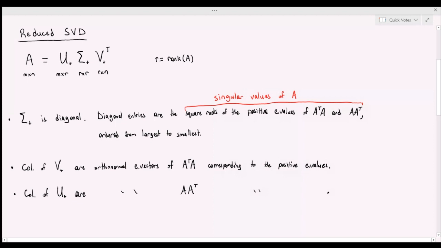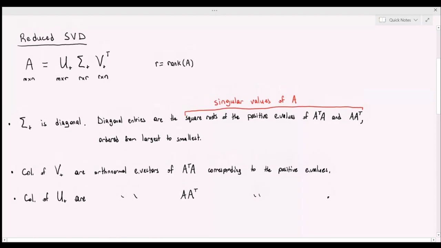And then this V transpose matrix will be size r by n, meaning that V itself would have been size n by r, okay? Now this r that's appearing right now, that does happen to be equal to the rank of the matrix A, okay? So that's what the r actually represents.